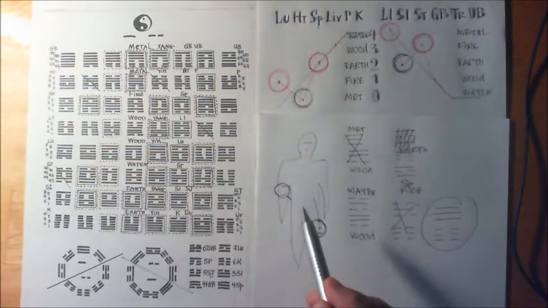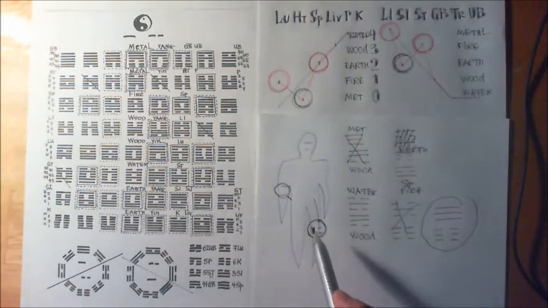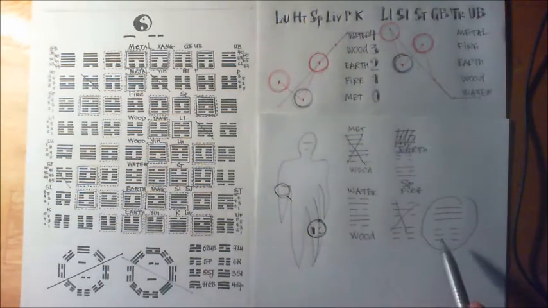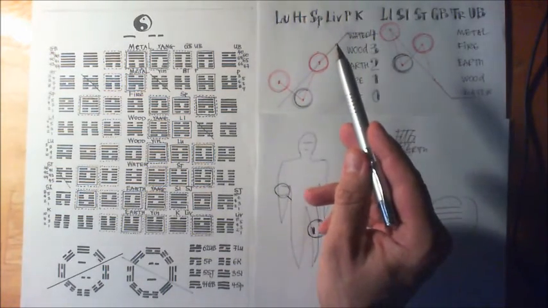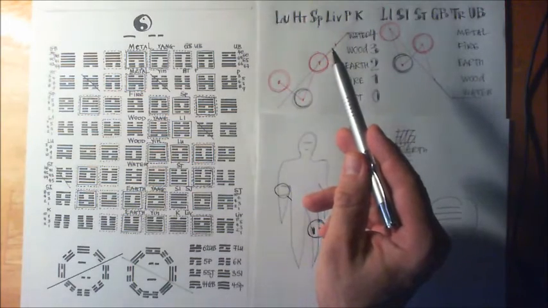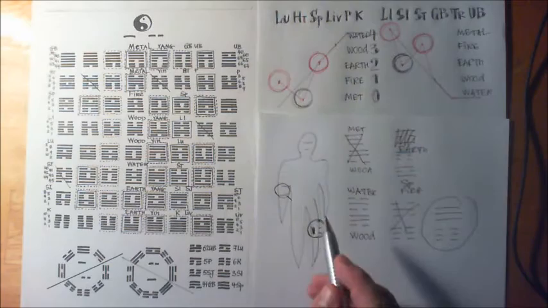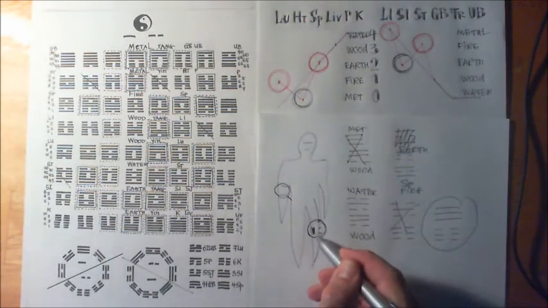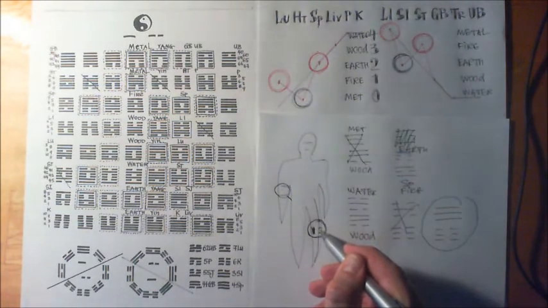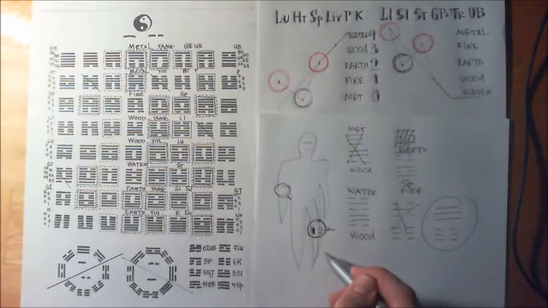So we can also use this hexagram to treat pain in the knee, but in this case we will use liver, which corresponds to the gallbladder, so we will treat the pain in the middle part of the knee by needling the gallbladder.